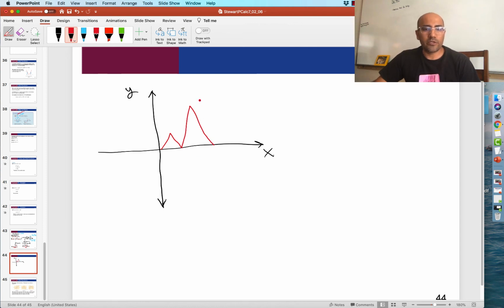Let's say this is the original. Flat, and then like that. Okay, not necessarily a function, but just for the purposes of this picture, let's say that this is f of x. What's it going to look like when I rotate it about the y-axis? Well, it's going to be a rotation around the y-axis.